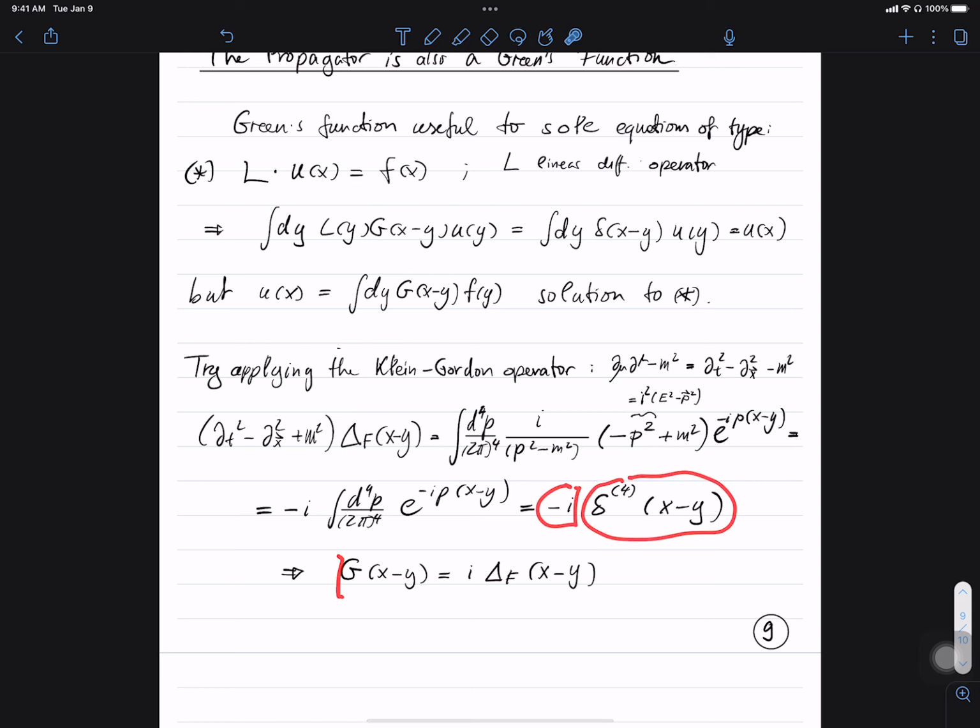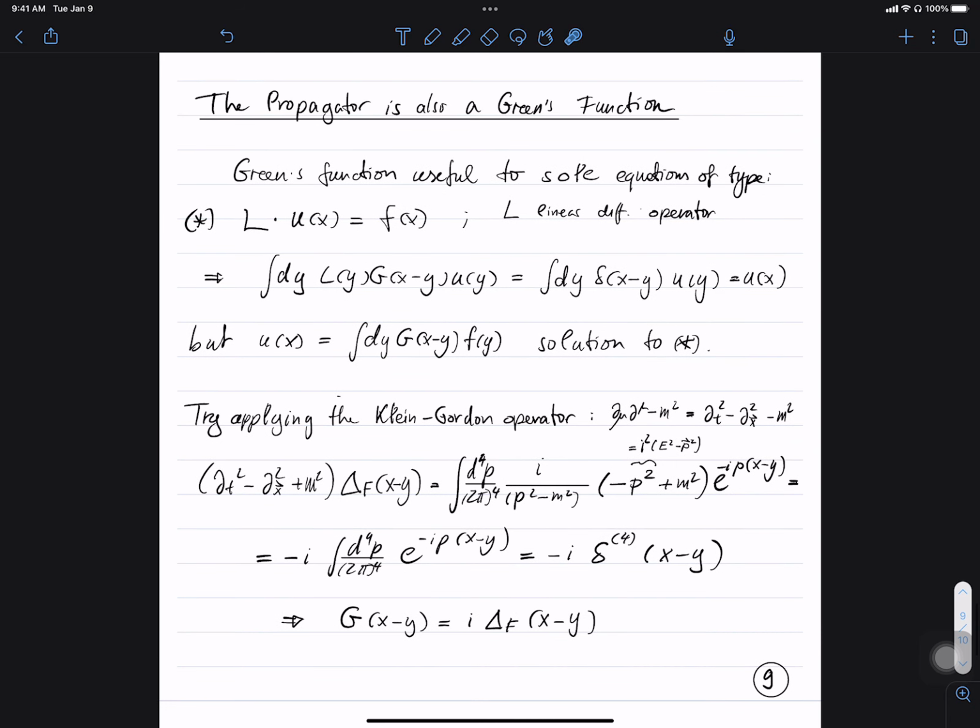So the Green's function is i times the Feynman propagator and can be used to generate more solutions if we have inhomogeneous equations, because we can also say that it is the inverse of the differential operator responsible for free propagation. It describes how a particle freely moves when no other forces act on it.